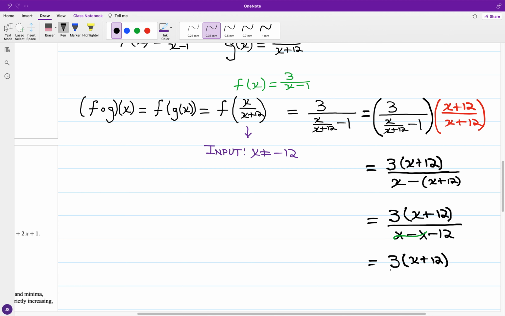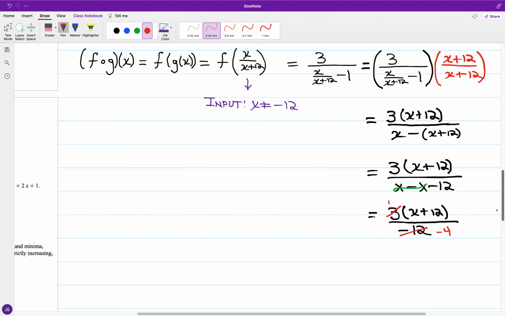So you have 3 times the quantity x plus 12 over negative 12, and we can reduce: 3 over negative 12 is 1 over negative 4. So for the final result in the composition, we have x plus 12 all over negative 4.